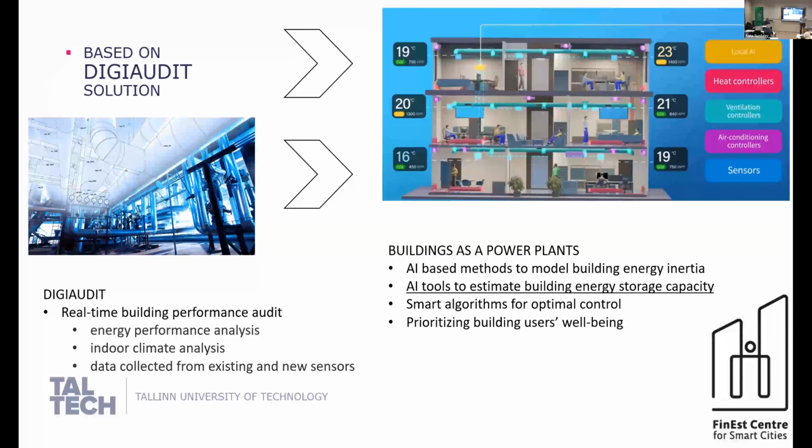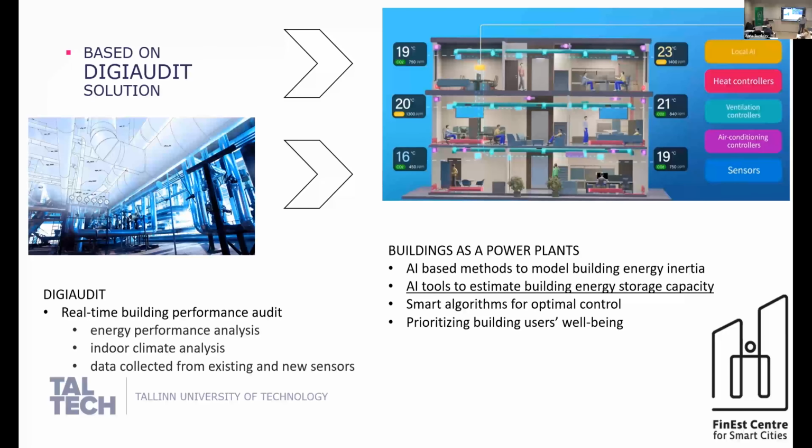As you know, buildings contain large electricity consumers: heating systems, ventilation systems, cooling systems. And we intend to use buildings as power sources by using the building's inertia. We intend to design and implement AI-based methods to model building energy inertia, and to use AI tools to estimate building energy storage capacity.